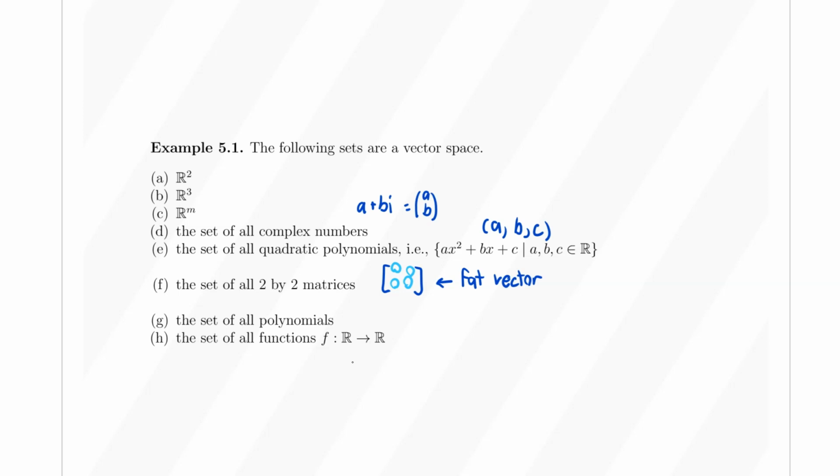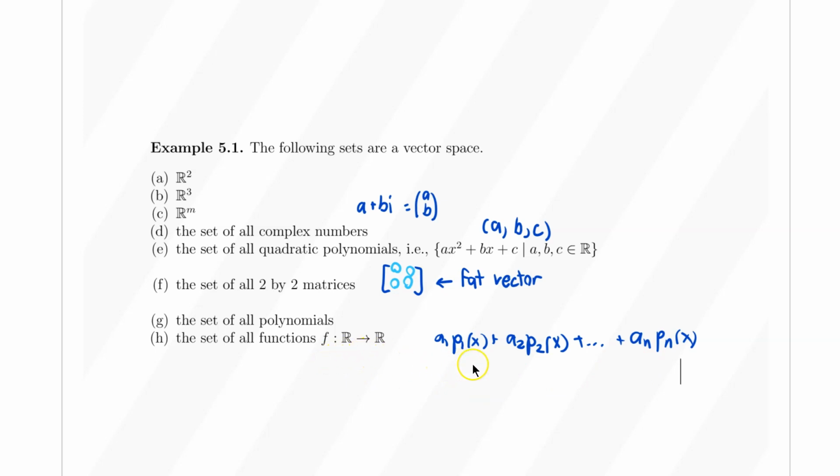Because whenever I have a polynomial, I can think of a linear combination of polynomials as something like this. I'm going to have a1 times p1 plus a2 times another polynomial p2, and so on to an times another polynomial pn. Or this p1, p2 to pn can be functions from R to R as well.